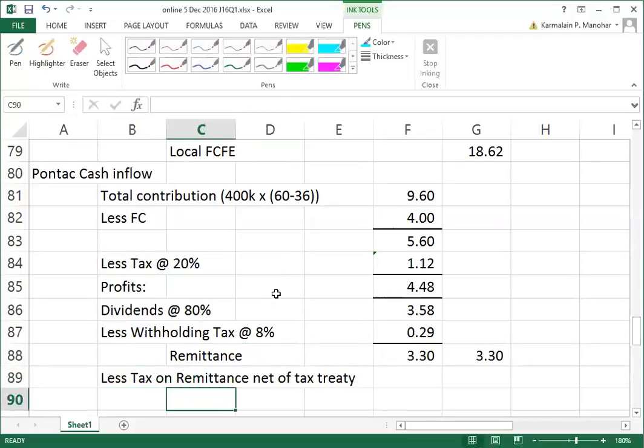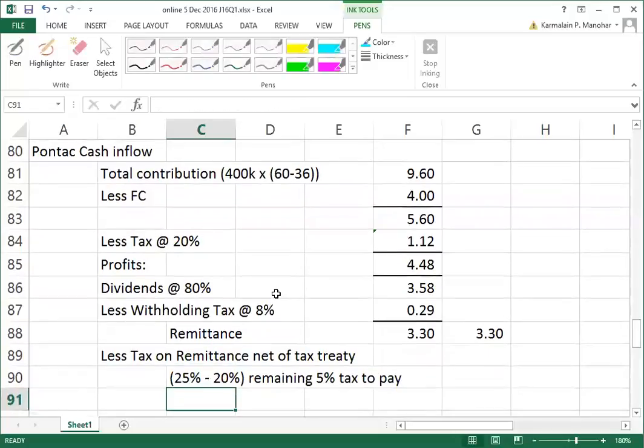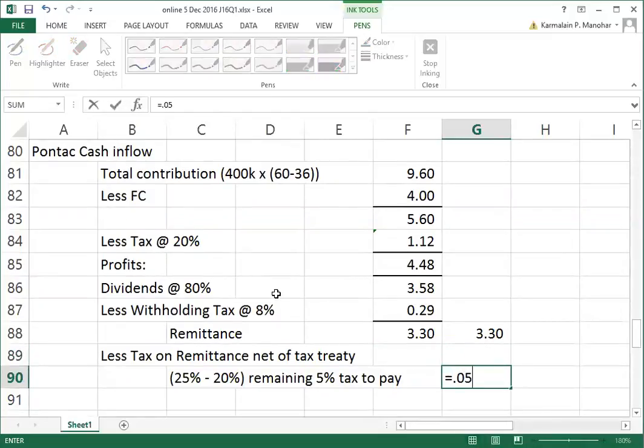So that would now be our local tax of the 25% less the treaty, which you already paid 20% in the foreign country. So therefore, remaining 5% tax to pay. So the tax on the remittance at 5% equals 0.05 times this is the tax. Everybody following? Amar, you okay with that?